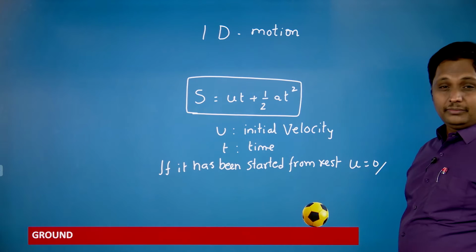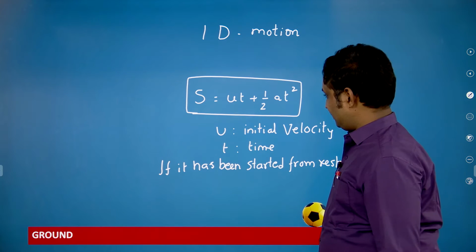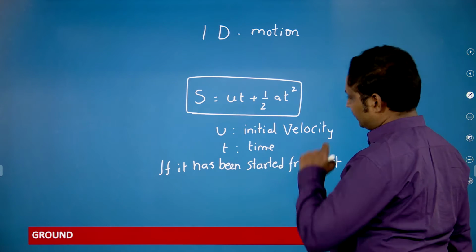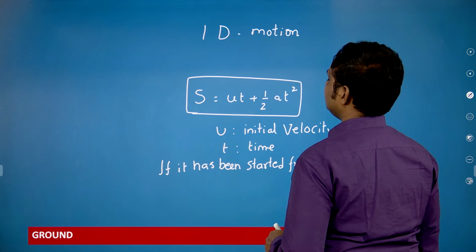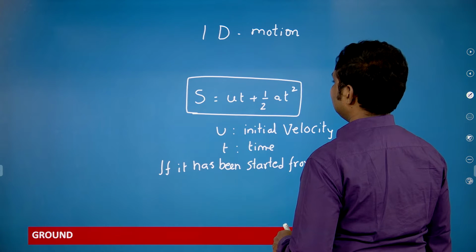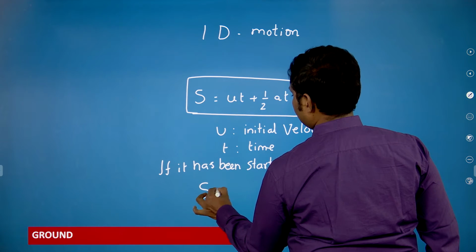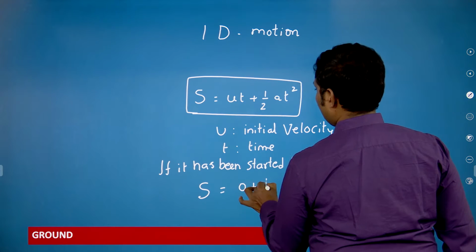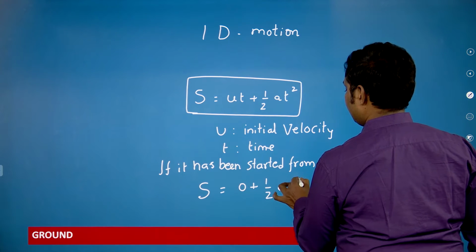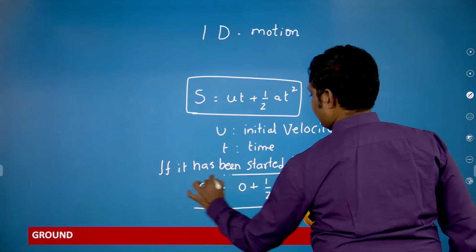At that time, we have to take s is equal to 0 plus 1 by 2 at square.